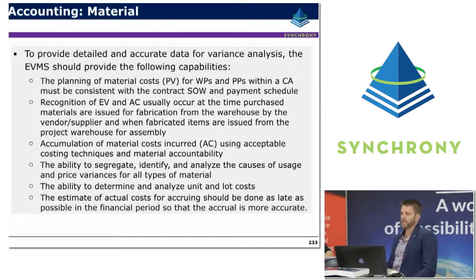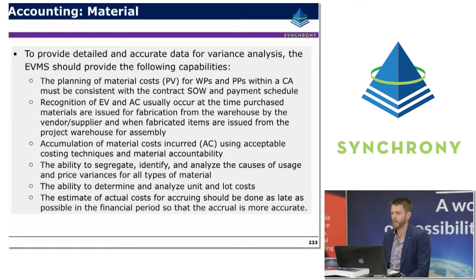So to provide detailed and accurate data for variance analysis, the EVMS should provide the following capabilities. The planning of material costs, or the planned value for work packages and planning packages within a control account, must be consistent with the contract statement of work and a payment schedule.